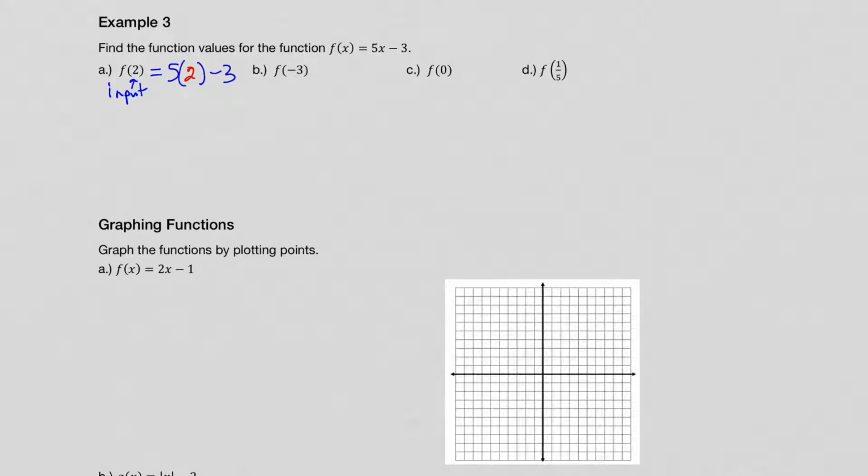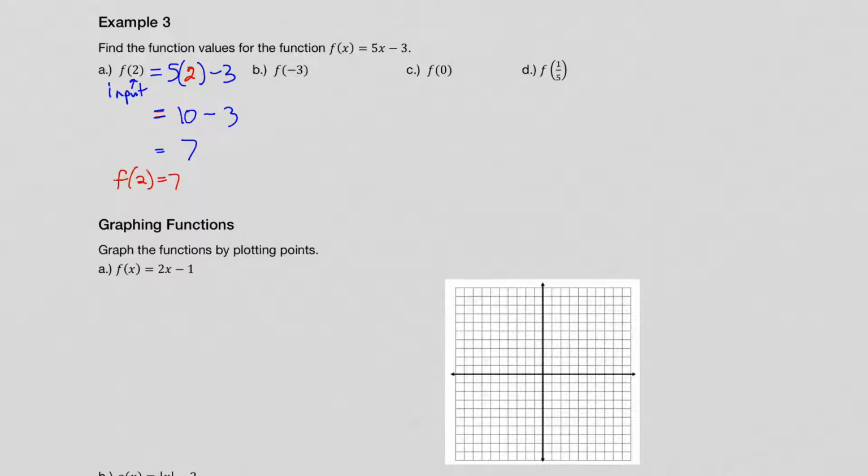Replacing x is not something that's unfamiliar. We've been doing this the whole course. Now it just looks different. We do the calculation and we say, this is 10 minus 3, which is 7. So the conclusion is that f of 2 equals 7.